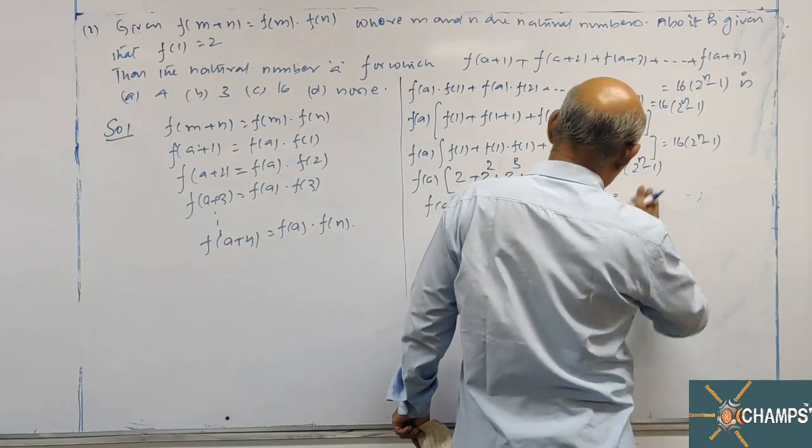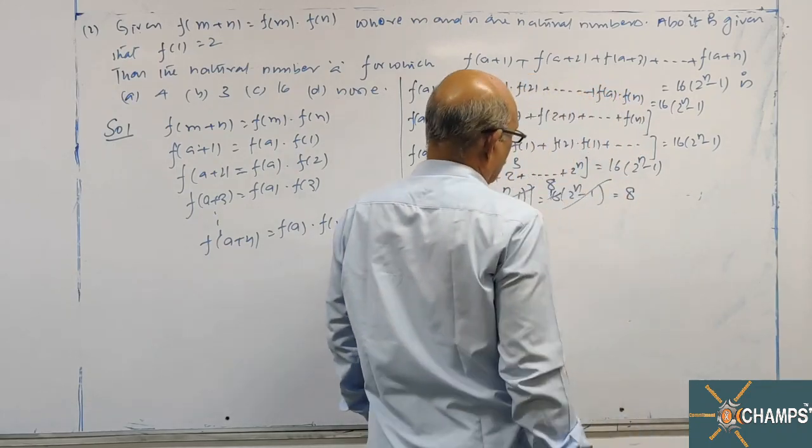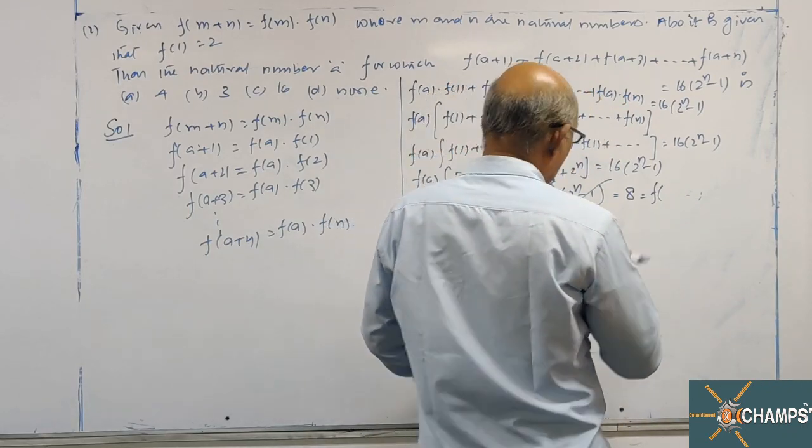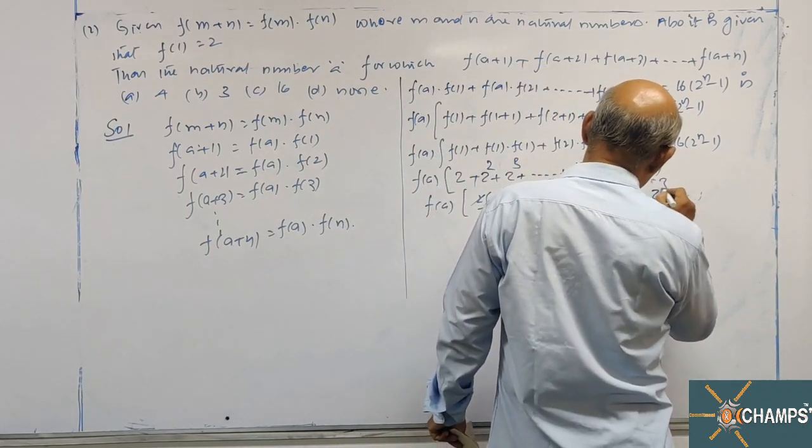There is no f here, this is 8. 8 can be written as f of, this 8 can be written as 2 cube.